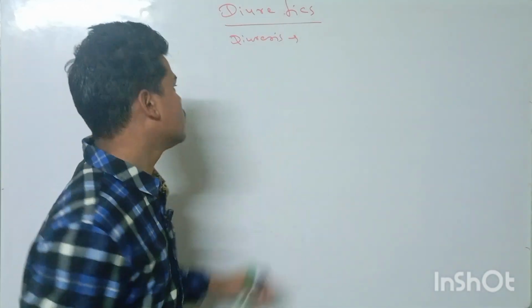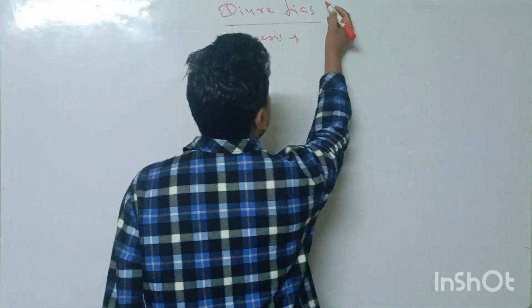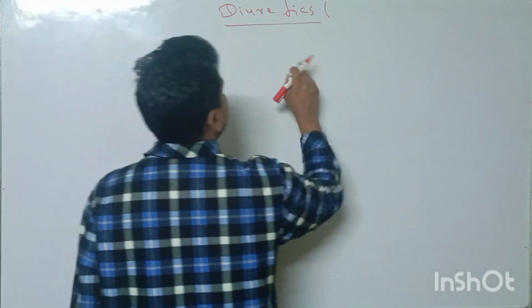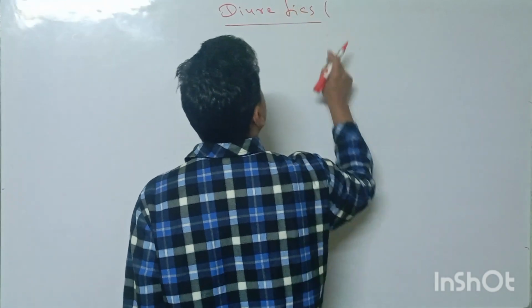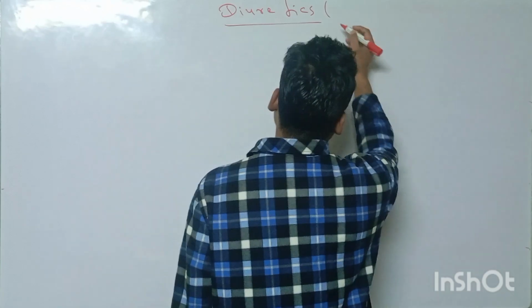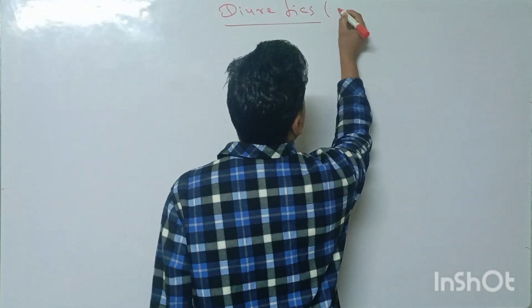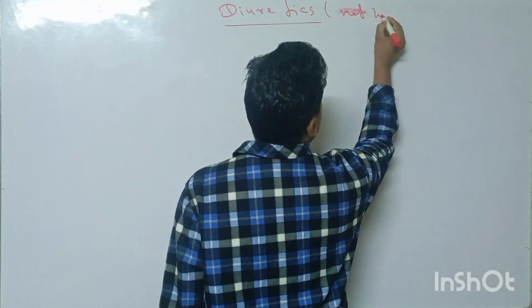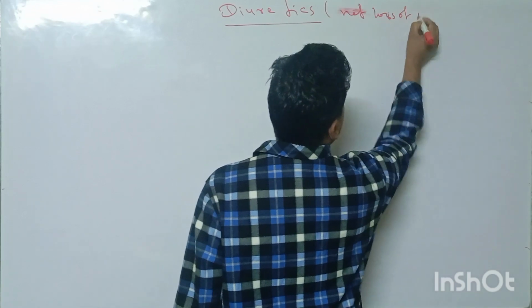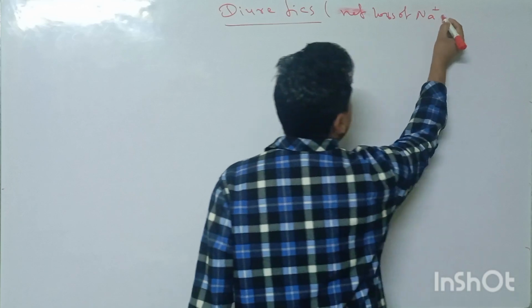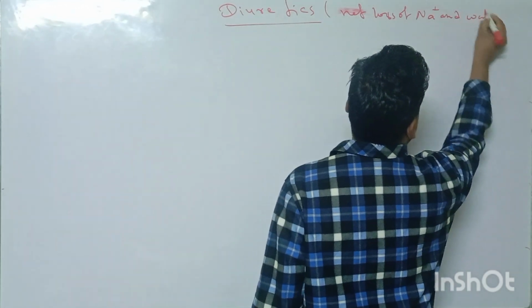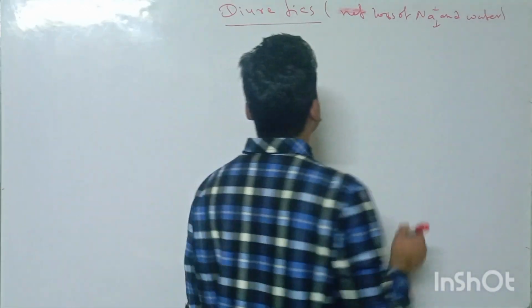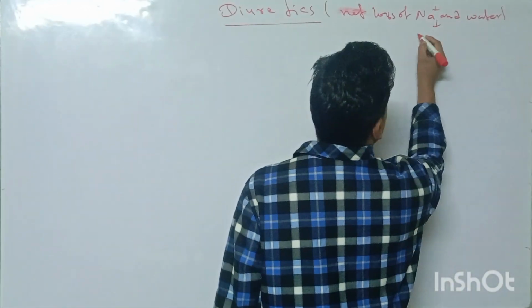In simple words, diuretics. Since there is, besides other electrolytes and fluid loss, a net loss of sodium and water, salt and water, hence these drugs are also known as natriuretics.